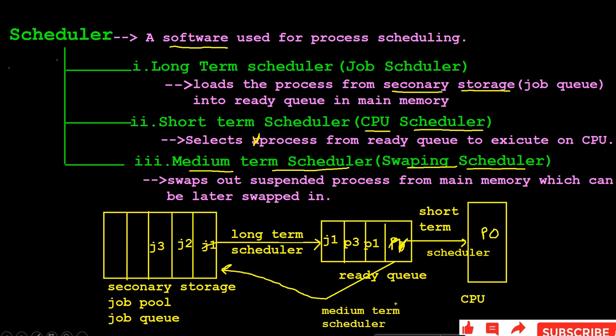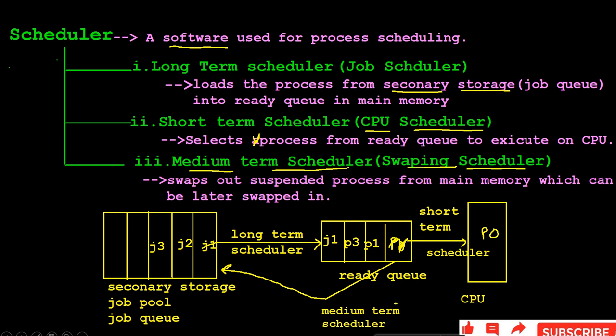Main memory will consist of a queue called the ready queue. The short-term scheduler will select the processes which are in the ready queue for execution. The CPU will select the processes from the ready queue. This will be done by the short-term scheduler.